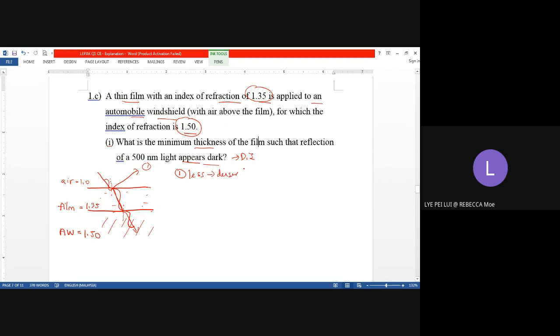Is there any phase change? Yes, a phase change of pi radian.